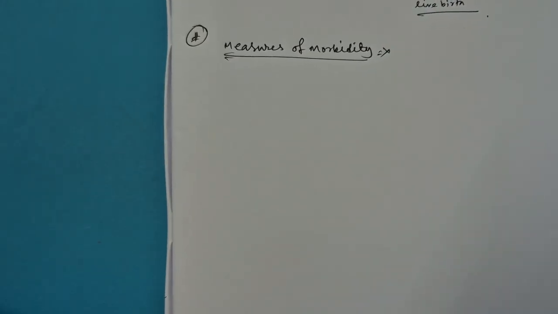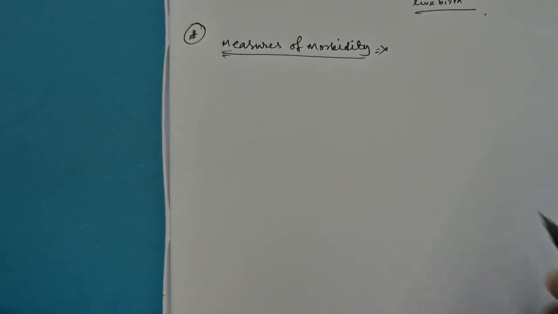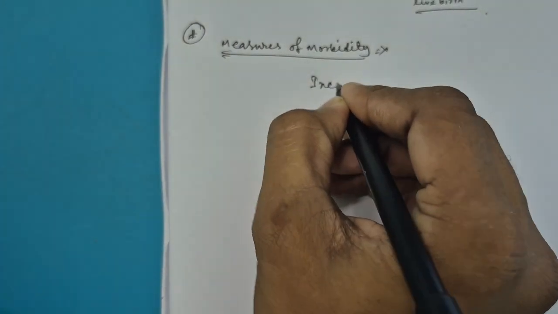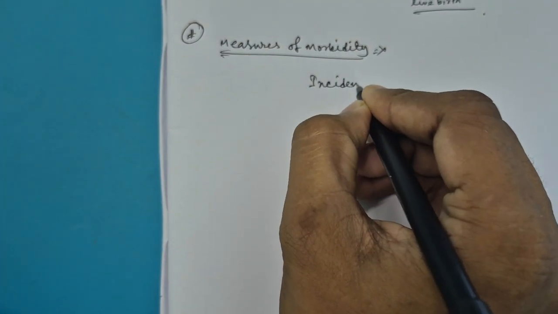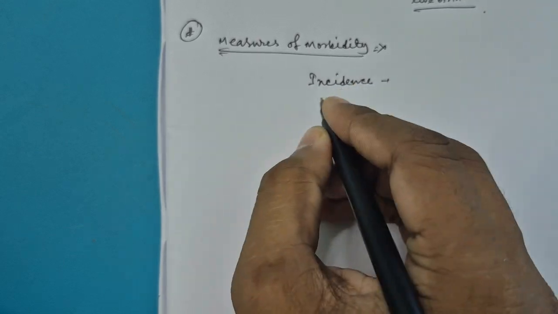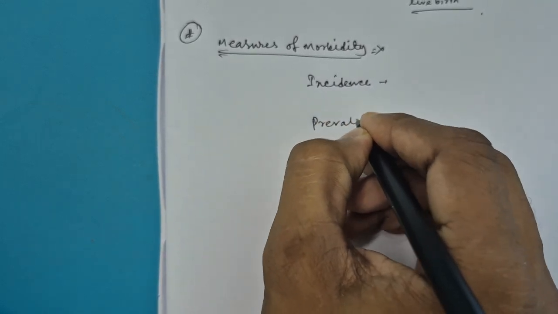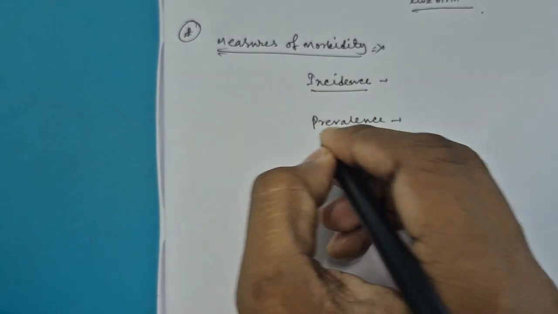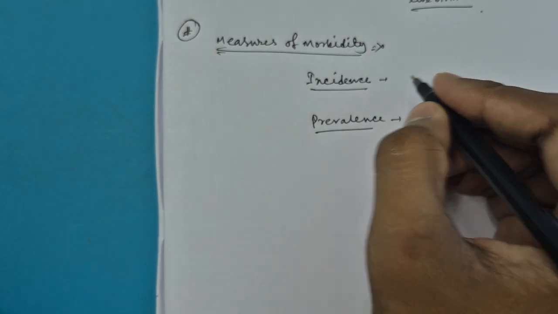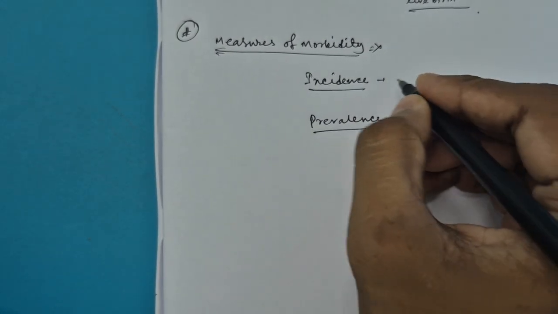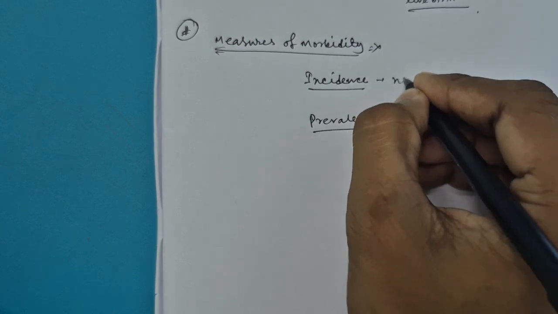Now we will see the measures of morbidity. There are actually two, which are incidence and prevalence. The incidence is the number of new cases per unit time, so it is only the new cases.